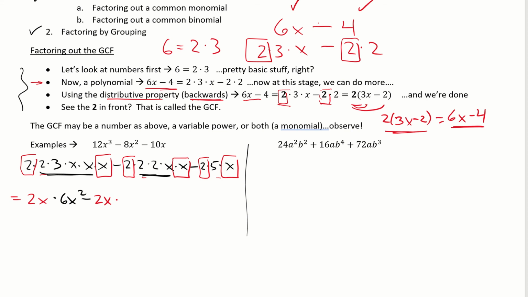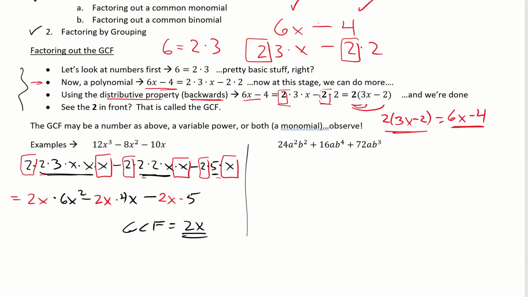Oh, there it is, right there, 4x. And then minus 2x times, and who's left behind this time? Nothing but the 5. Okay? So what I'm doing is I'm showing in red the common factor. In fact, the greatest common factor. I'll put a little note here. The GCF in this case is 2x.